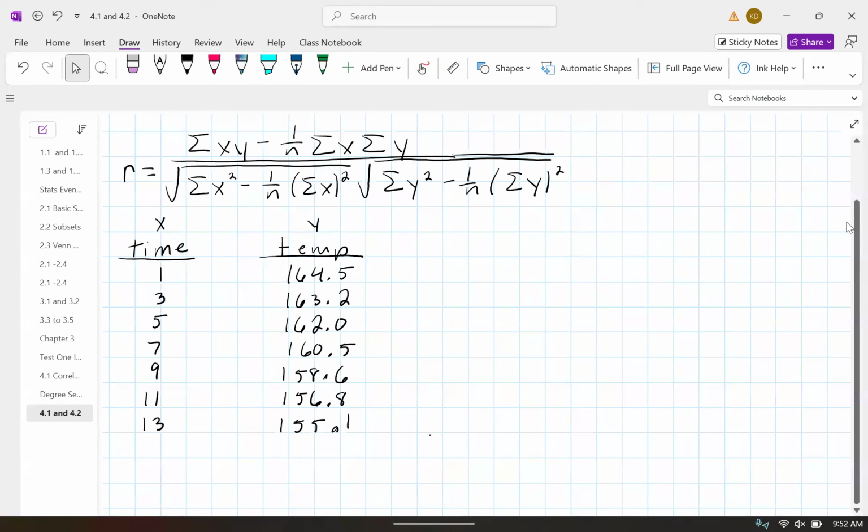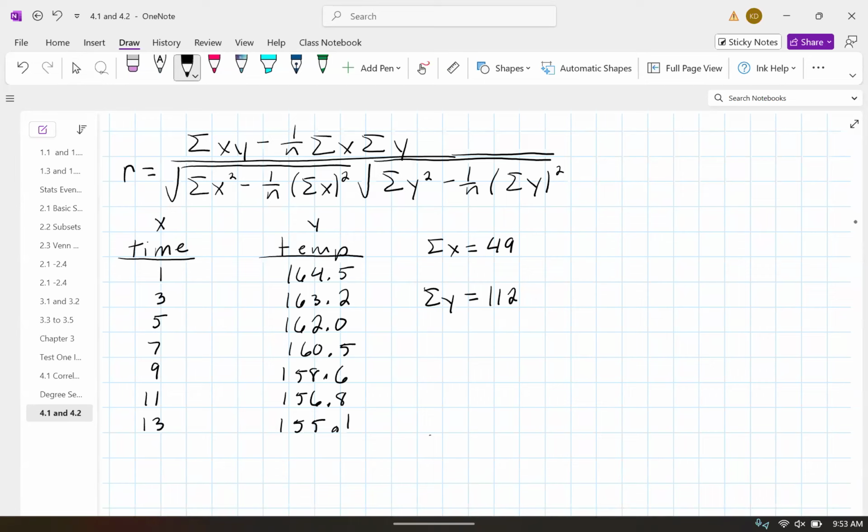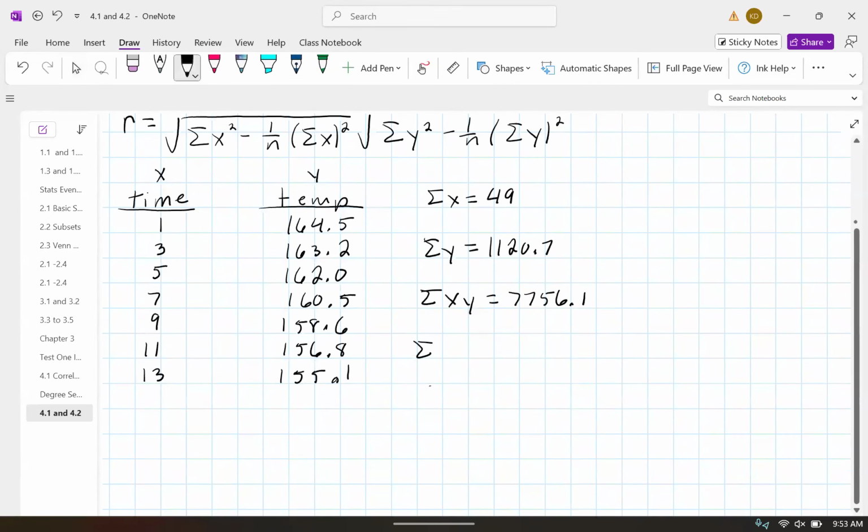Okay, I did bring my calculator today. Yay, go me. So based on our spreadsheet, we have the sum of our x's is 49. The sum of our y's was 1120.7. Sum of xy, we multiply our columns, 7756.1. Squares, I'm going to move this over actually, 455.